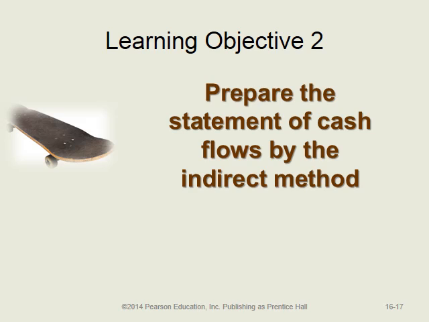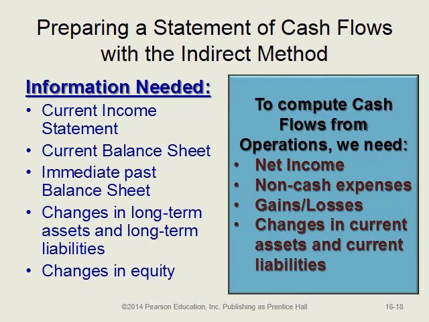Okay. Our next learning objective is preparing the statement of cash flows by using the indirect method. The FASB, or again, the Financial Accounting Standards Board, allows two different approaches to be used for the preparation of the statement of cash flows.